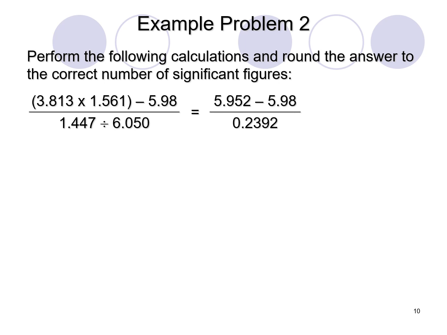And remember, I just round to the appropriate number of sig figs in our values. The multiplication gives us 5.952. The division gives me 0.2392. Both have 4 sig figs.